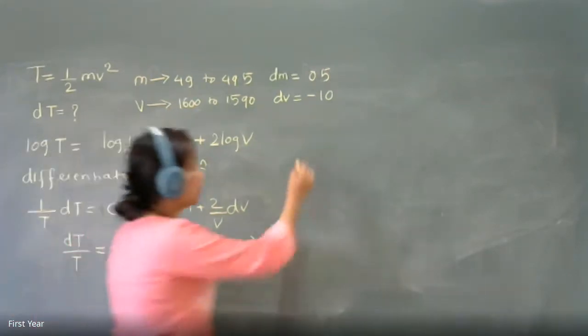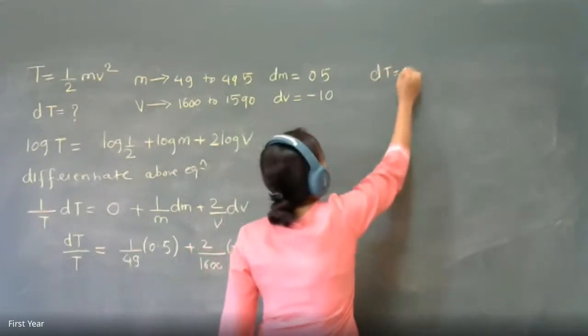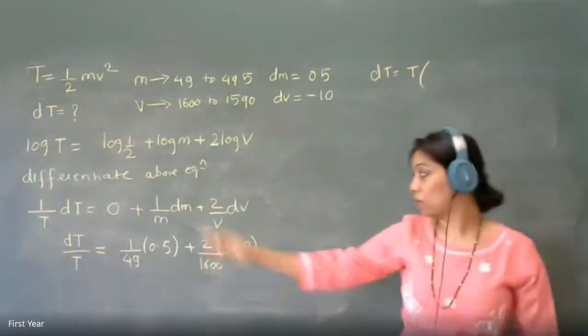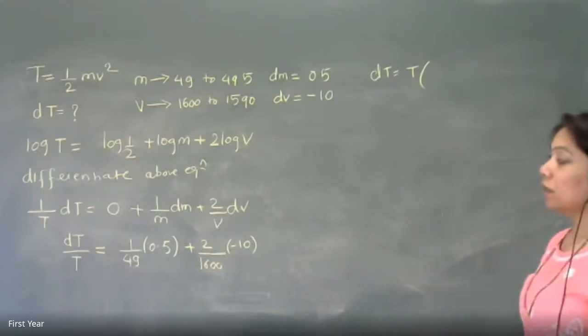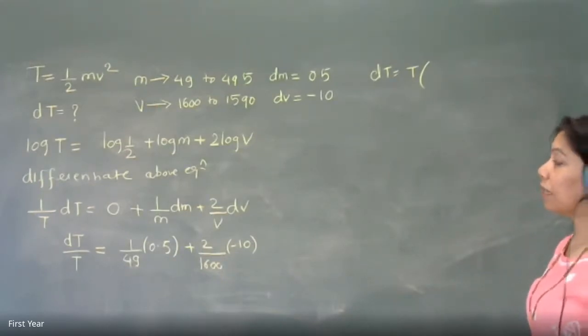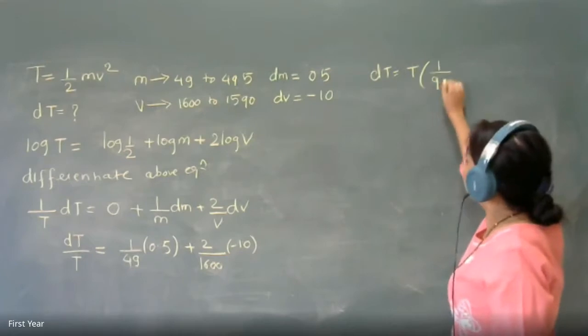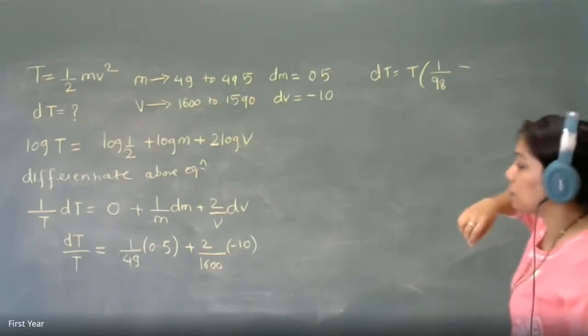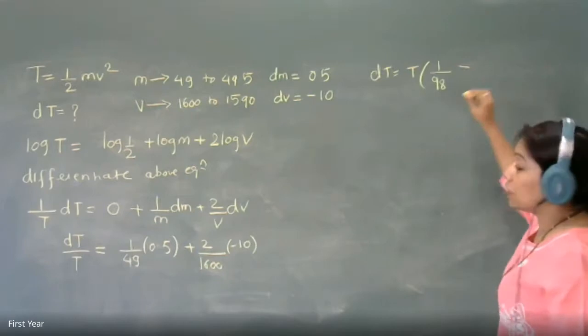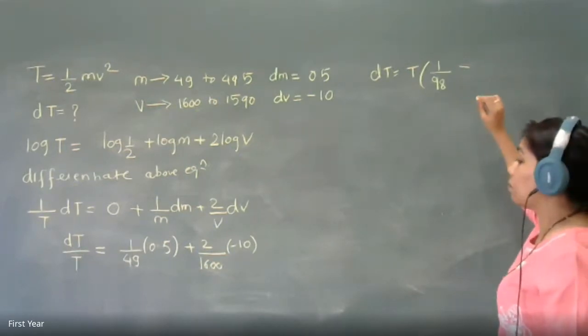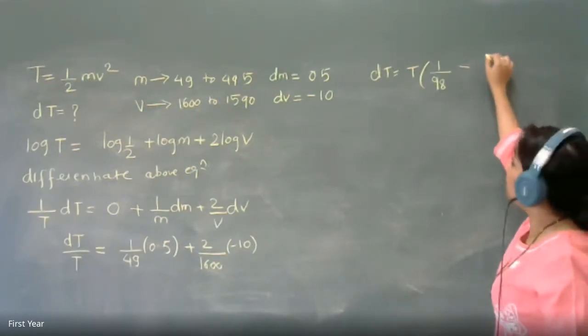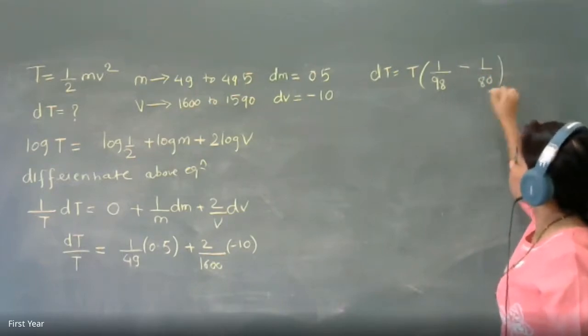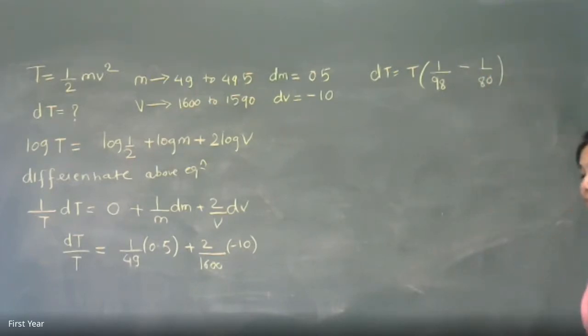Therefore dT is equal to T into that value. 0.5 means 1 by 2, so 1 by 98, minus 2 by 160, that is 1 by 80. One zero will get cancelled. 2 divided by 160 is 1 by 80, with minus sign.